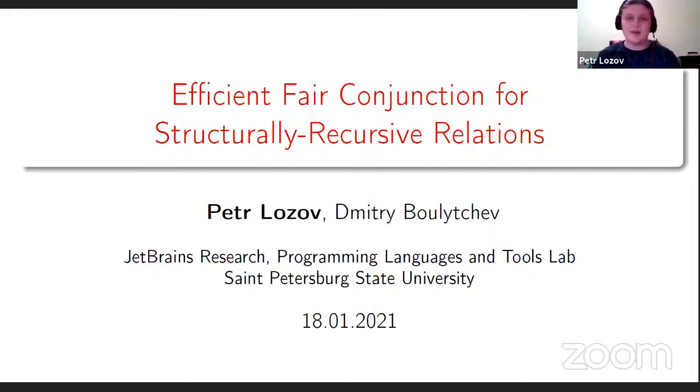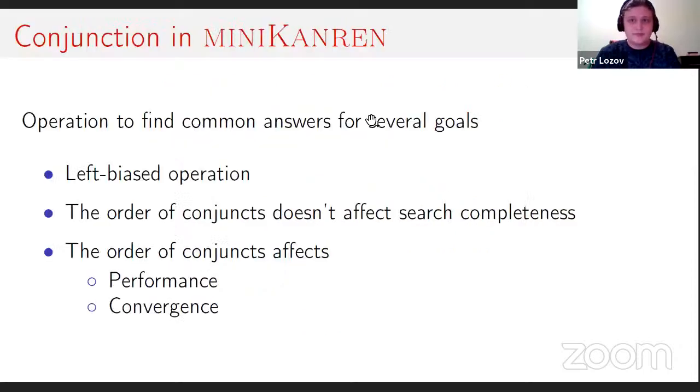Hello, everyone. My name is Petr Lozov, and this talk is about fair conjunction in the relational language miniKanren. miniKanren is a relational language that allows one to declaratively describe problems in the form of logical formulas or goals. One of the basic operations in miniKanren is conjunction.